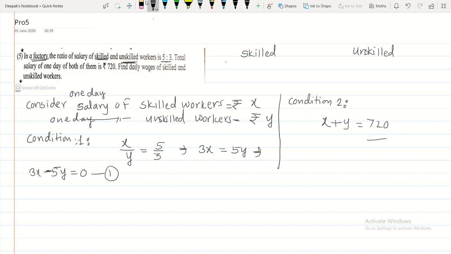So from condition second we got equation second.